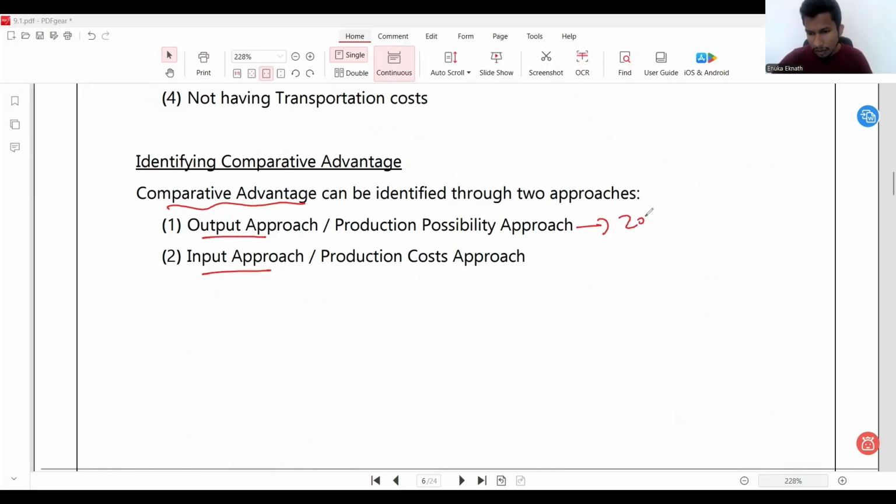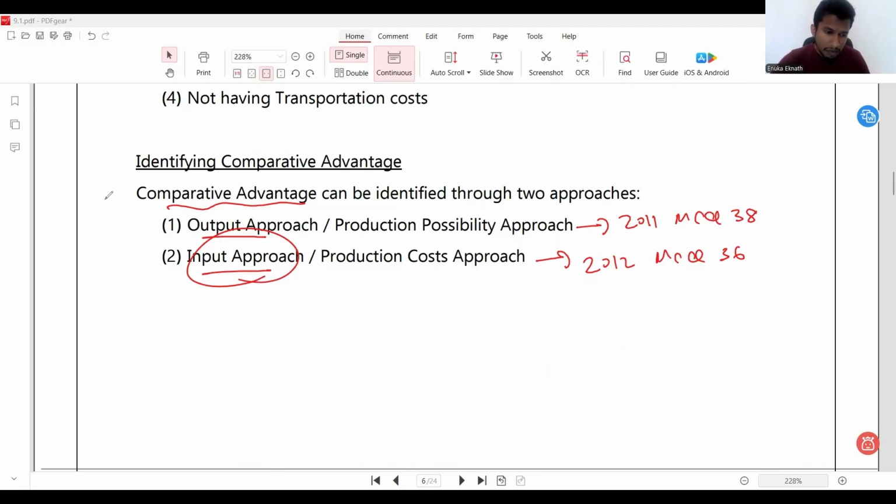So once again, this 2011 MCQ 38 is related to this output approach, and the 2012 question 36 is related to the input approach. So when you calculate this opportunity cost under output approach and then again under input approach, you use two different equations.